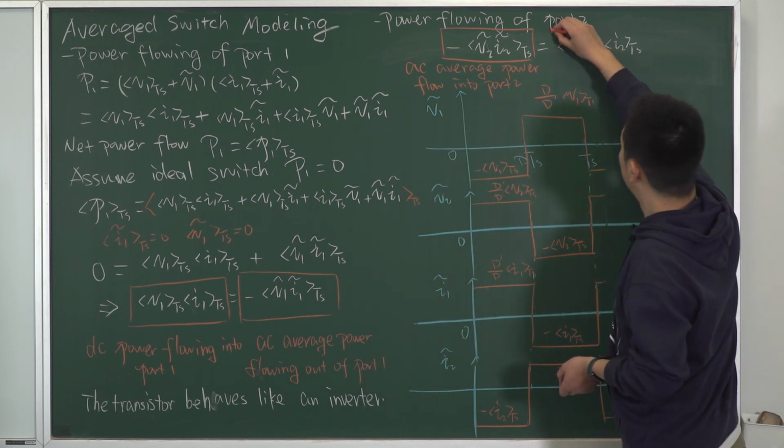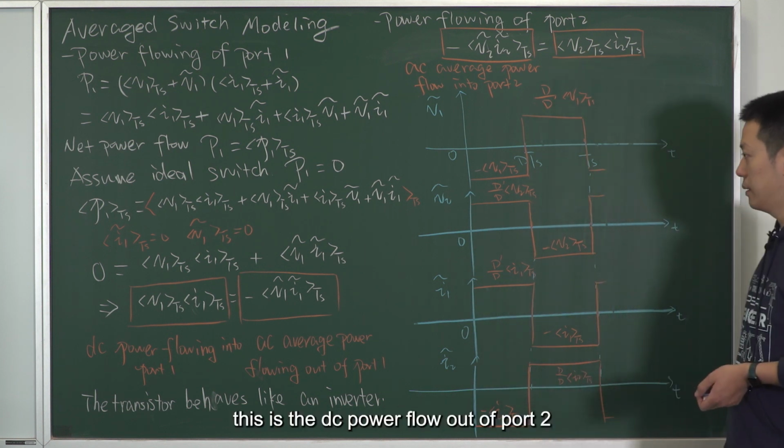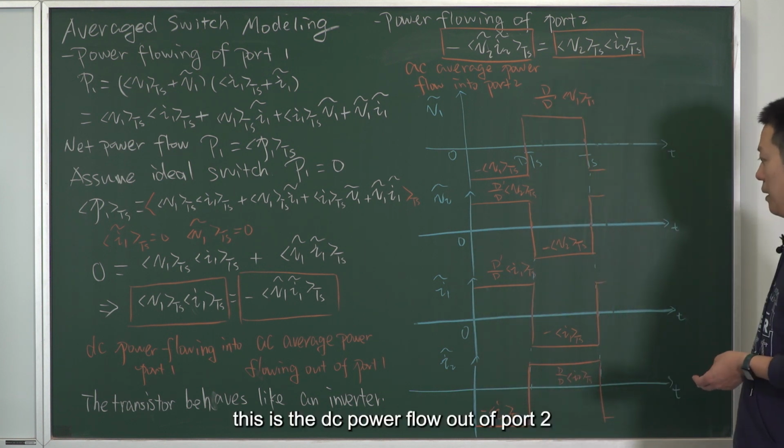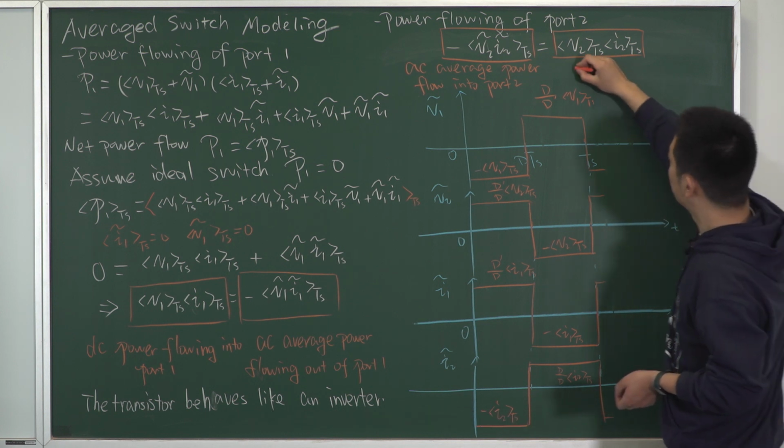And here, this is the DC power flow out of port 2.